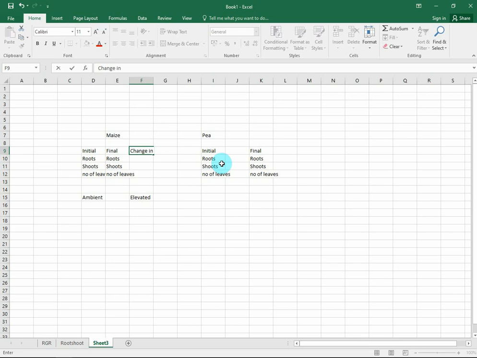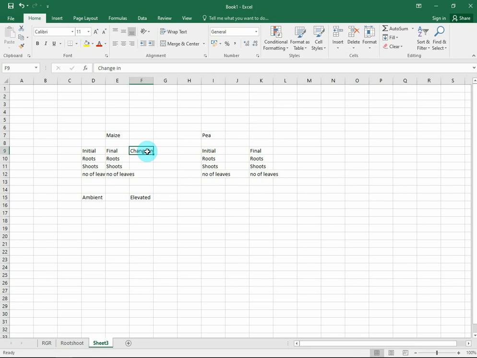Essentially, you need to take the final and minus the initial from it. Final minus initial. This should give you change in, and whether you decide to do percentage or whatever is up to you. Not really appropriate in this scenario to do percentage change, but definitely change in grams, change in number, change in centimeters, etc.